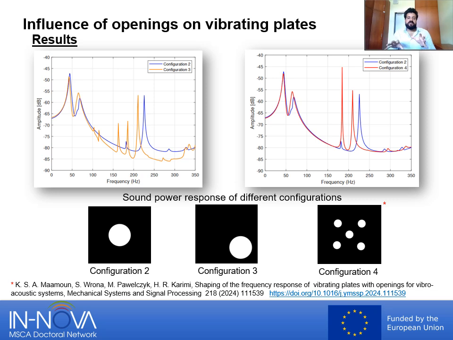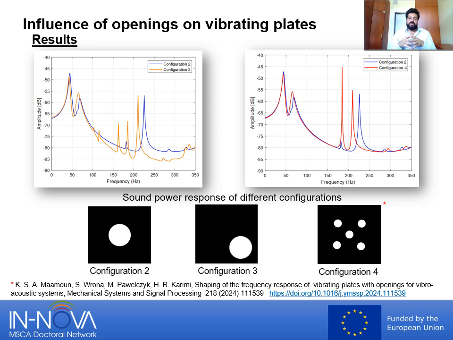When we shifted this opening, we changed the stiffness distribution of the plate, and we actually introduced additional resonance into our system. And comparing configuration 2 to configuration 4, we divided the contour of the opening into discrete smaller areas, and this introduced higher resonance on the system at the frequency 180 Hertz.